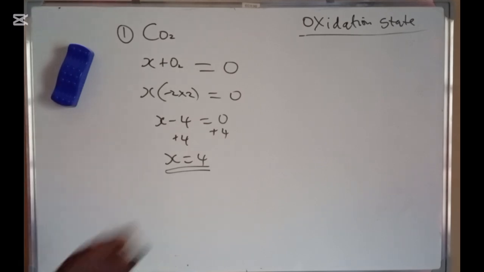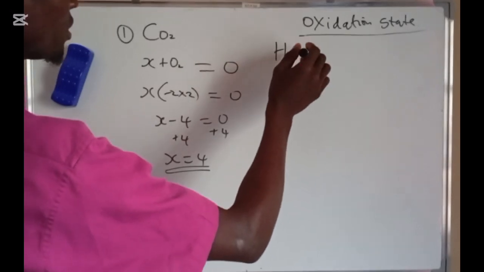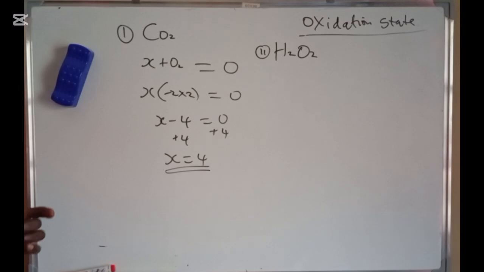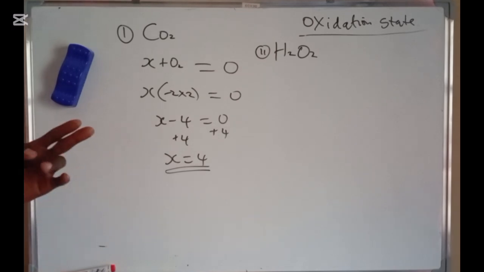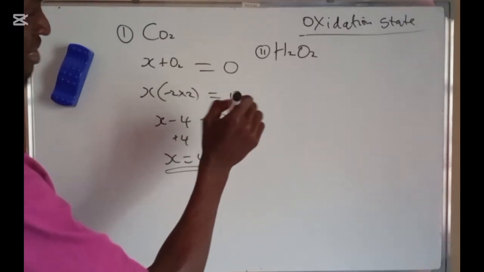Let's look at another case, like hydrogen peroxide. In hydrogen peroxide, there are 2 elements, hydrogen and oxygen, and there are 4 atoms in this compound.